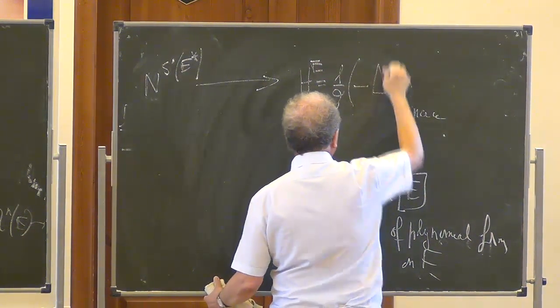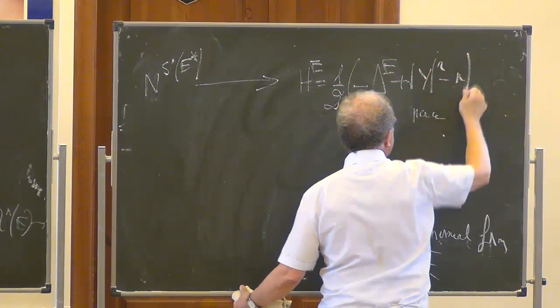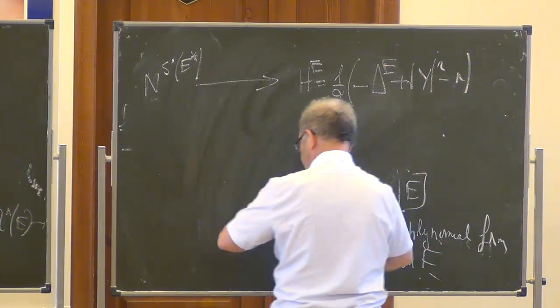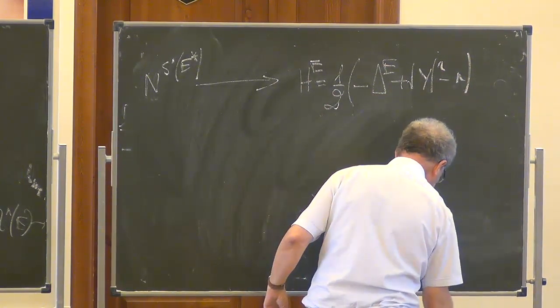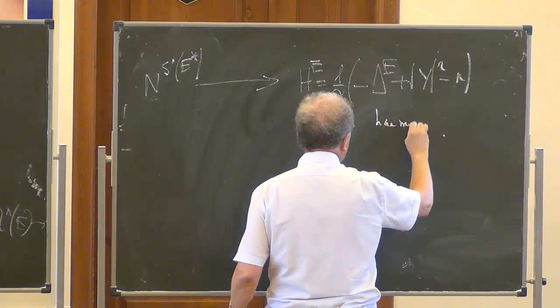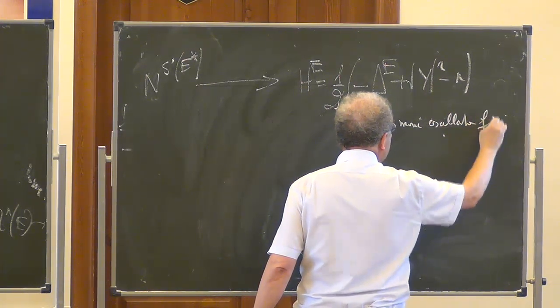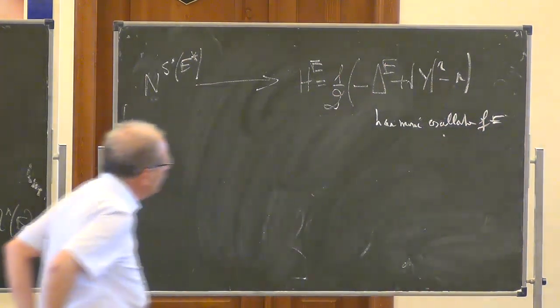It's an explicit operator, which I write this way, minus n. This is a so-called harmonic oscillator of E. That's a partial differential, elliptic differential operator.